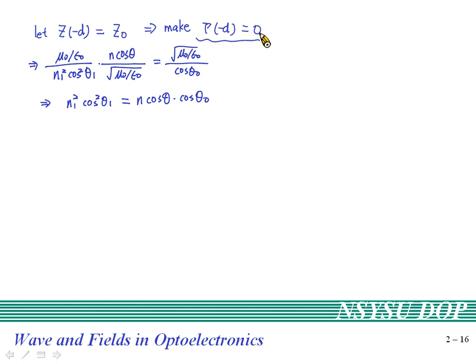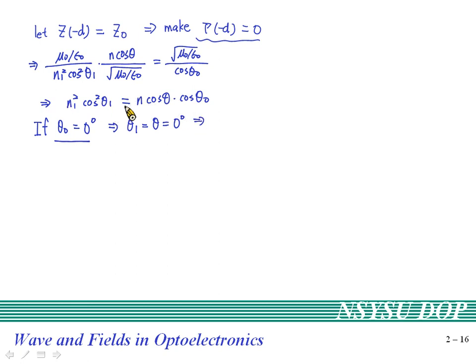And of course, we consider the very simple case when the incident angle theta 0 is 0 degree. As the incident angle is 0, then we will have theta 1 equals theta equals 0 degree, and all the cosines here should be 1.